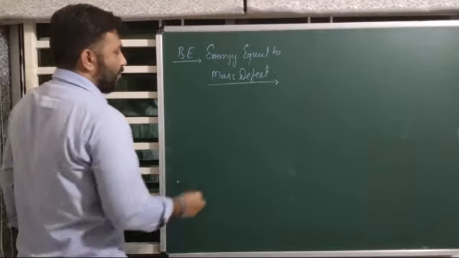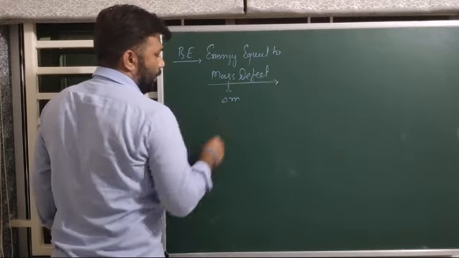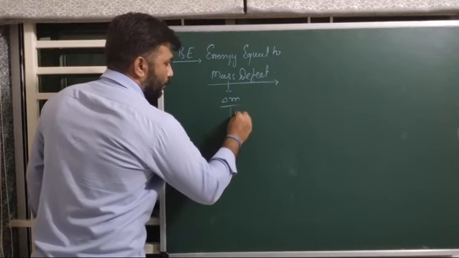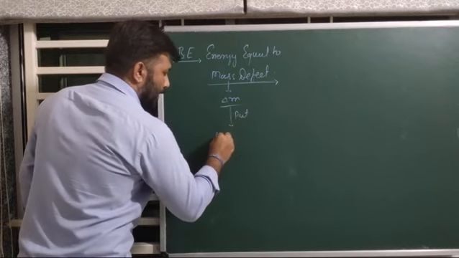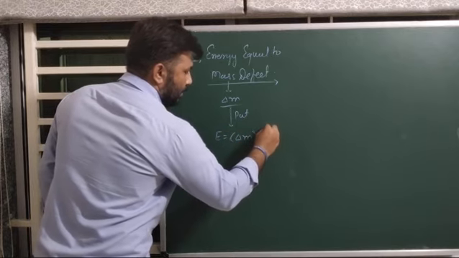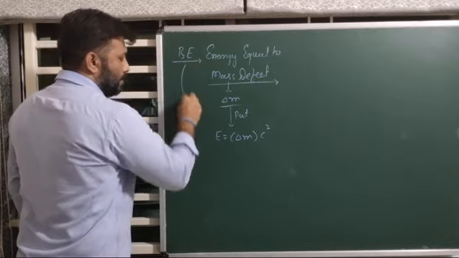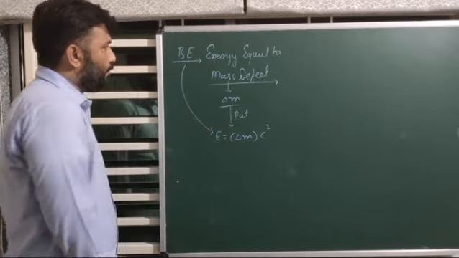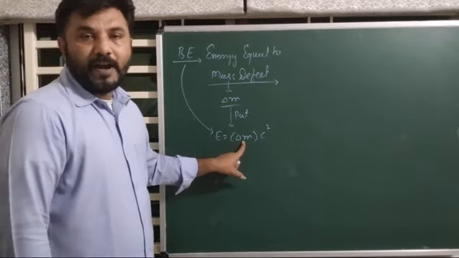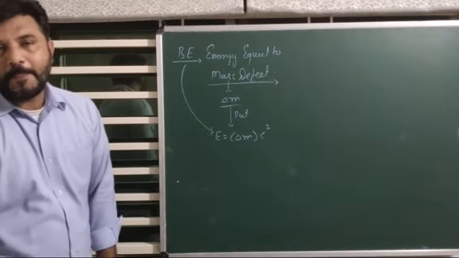This mass defect is symbolized as delta M, and you have to put this delta M in the equation E equals delta M c squared. This energy is known as binding energy. That means the energy equivalent to that mass defect is known as binding energy.